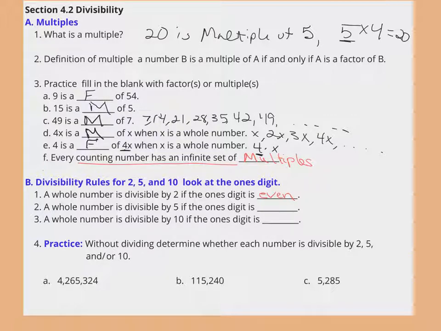A whole number is divisible by 5 if the ones digit is, so anytime we look at our multiples of 5, we would notice that they either end with a 5 or a 0. So if our ones digit is a 5 or a 0, we know it's divisible by 5. And then a whole number that's divisible by 10, those are our multiples of 10, they're always going to end with a 0 or have a ones digit of 0.